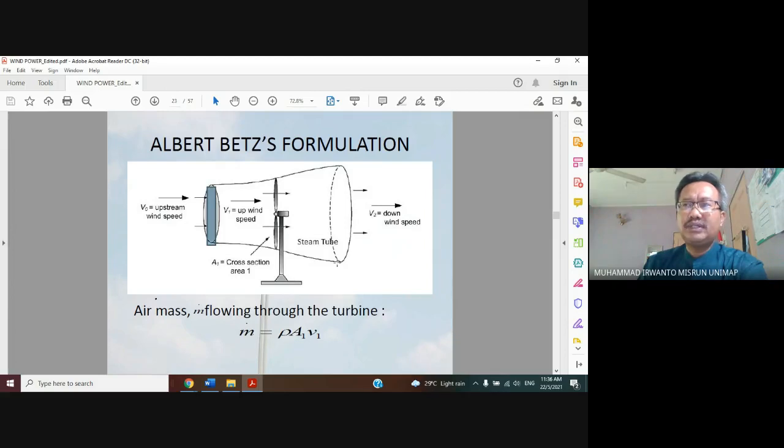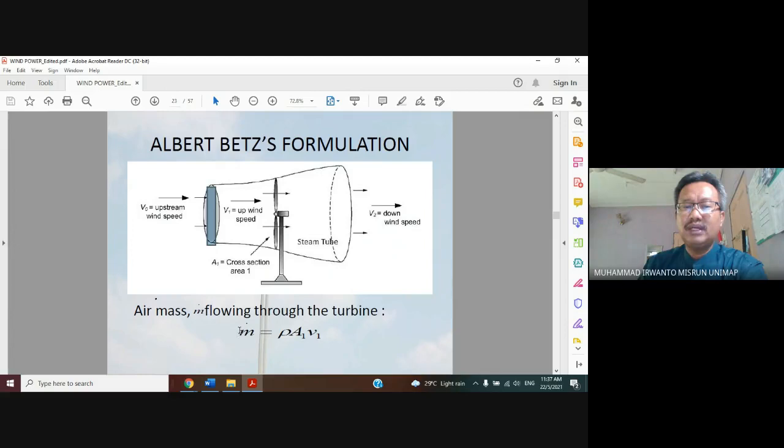Starting with the wind speed in front of the wind turbine V0, and then V1, and then V2, the movement of the wind has a mass flow rate, m dot here, meaning the mass flowing through the turbine.